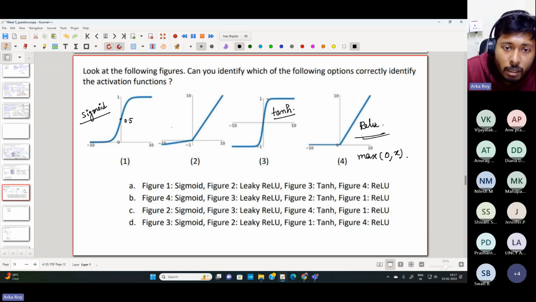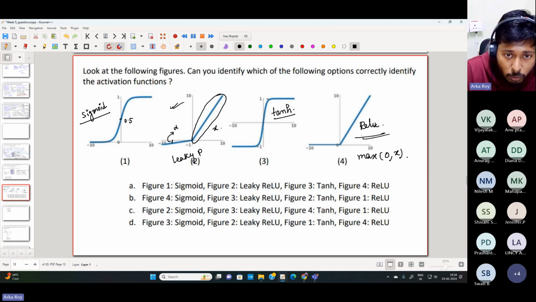But in this particular scenario, for the positive half, the response is x. And in the negative half, you can see that there is no clipping to 0. So this angle is called alpha, and this activation function is called leaky ReLU.